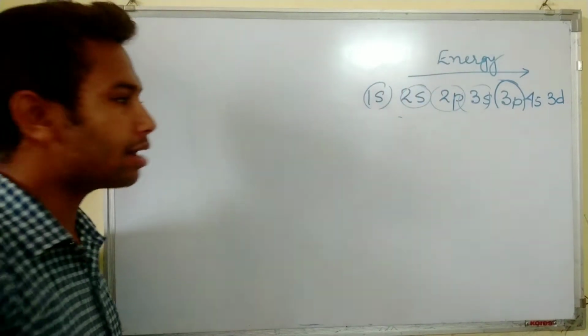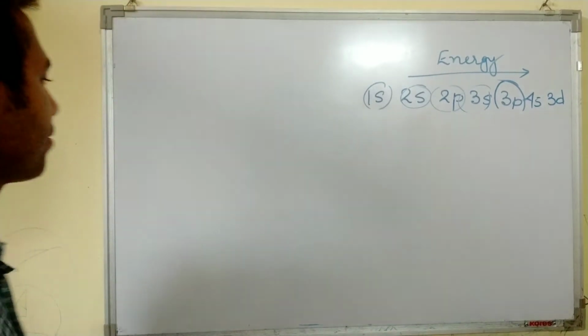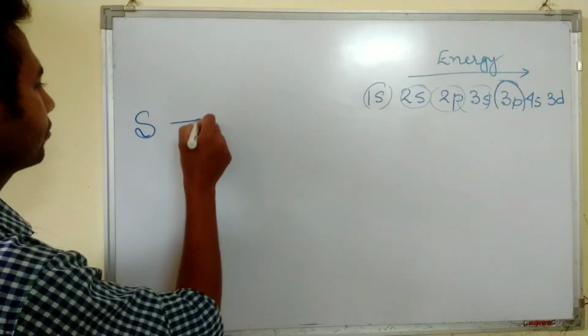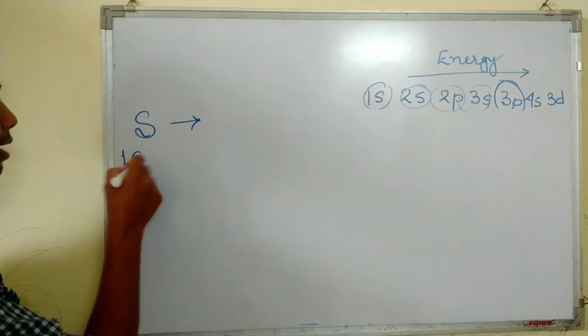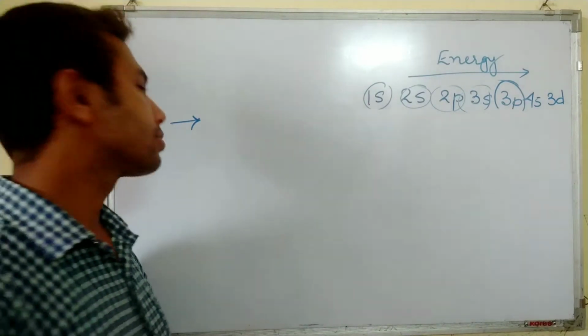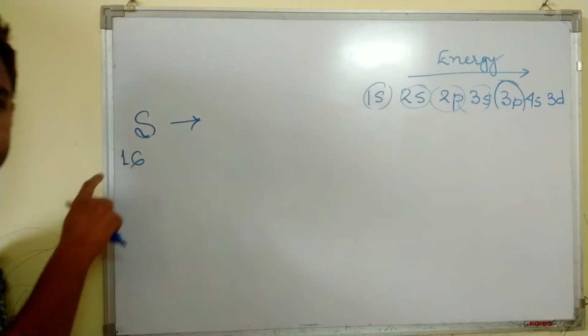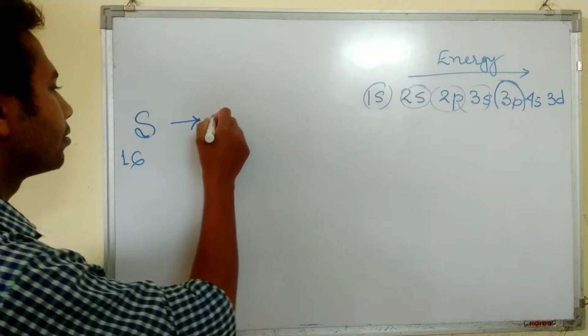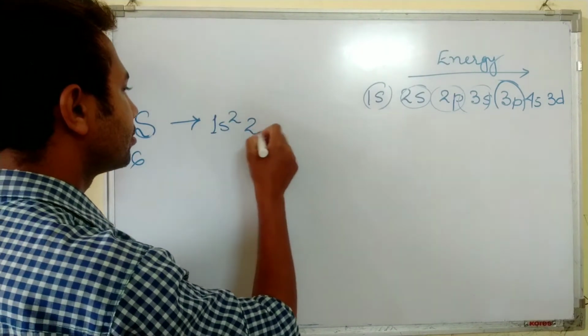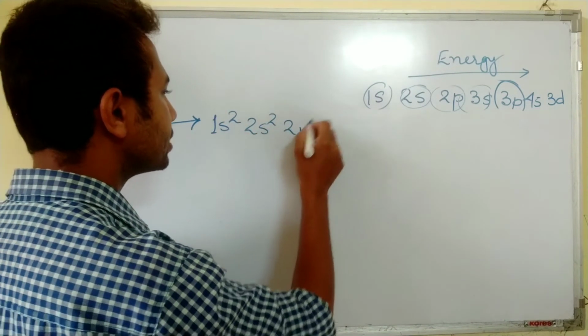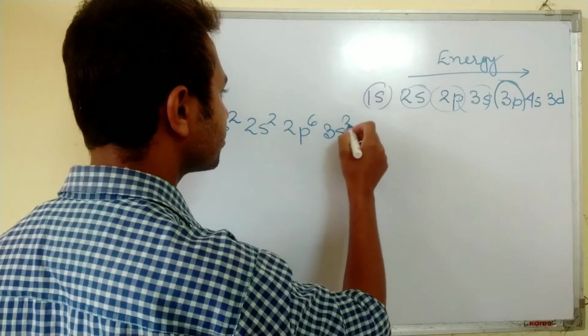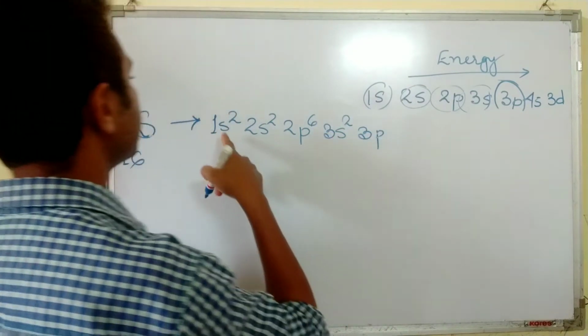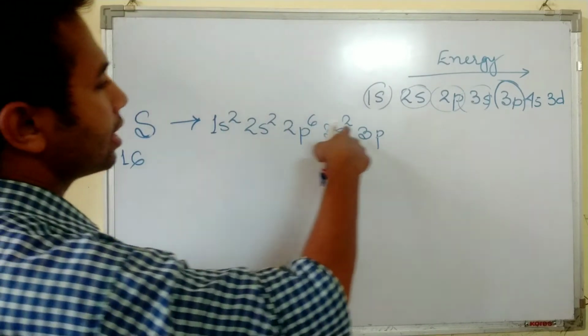Now we'll go to sulfur. Sulfur has 16 electrons. Its atomic number is 16. So 1s2, 2s2, 2p6, 3s2, 3p. 2 plus 2, 4 plus 6, 10 plus 2, 12.